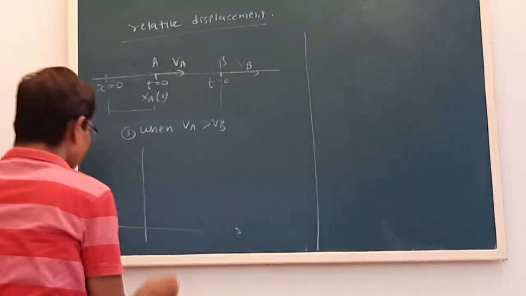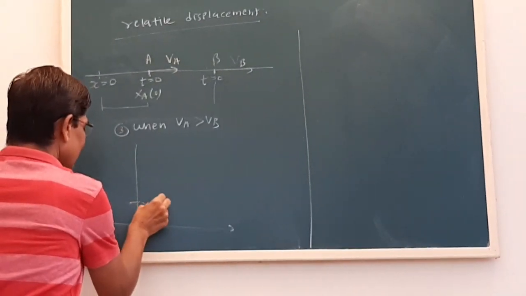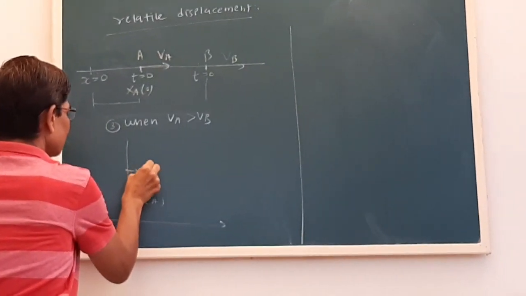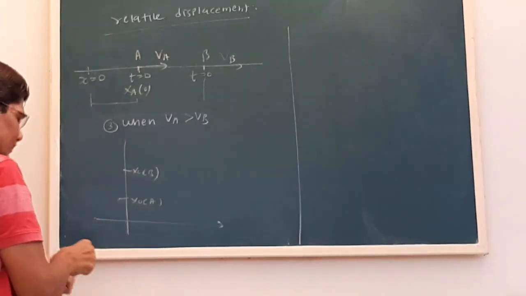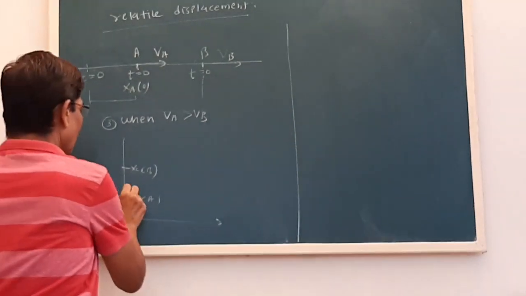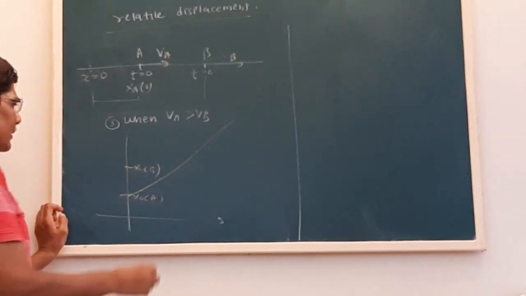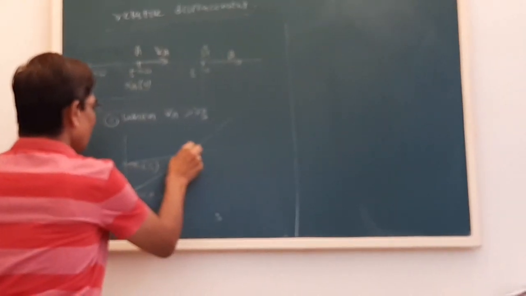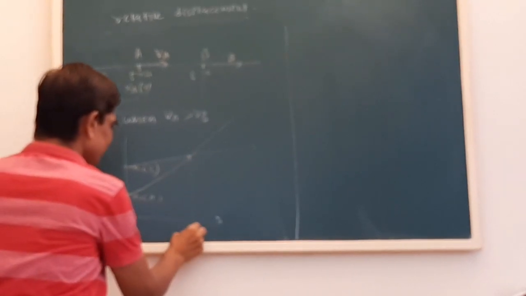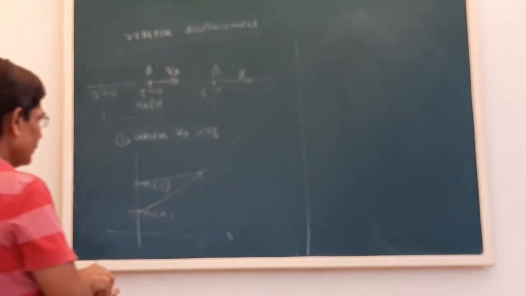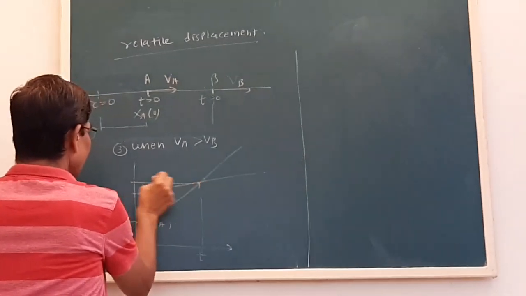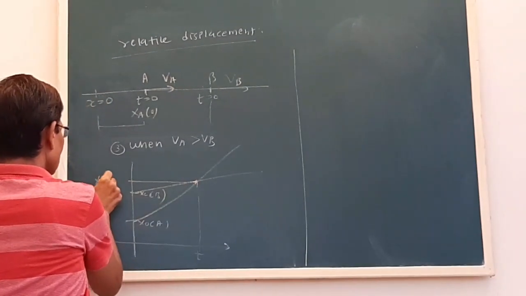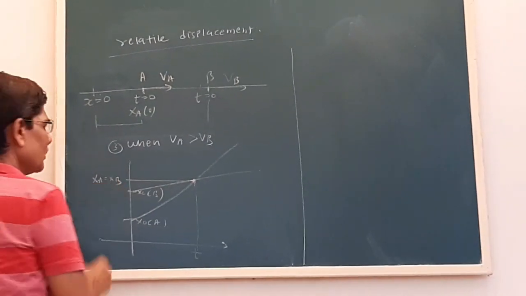We can plot the graph like this. This is x0A, this is x0B. The graph will be like this: A has a larger velocity, B has a smaller velocity. This is the time when they meet, and this will be the position. Here both will meet, so we can say their position is the same.